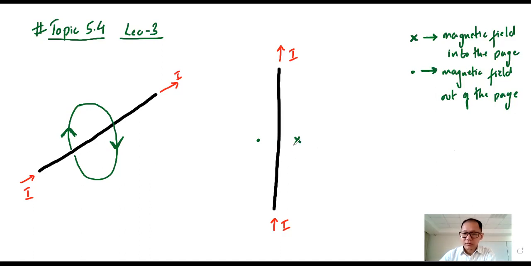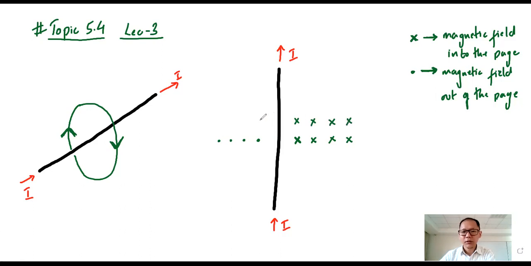And now, because the fields are spread out, it's not only in one particular point. So the fields could be here, could be here, and so on. So that's why I could draw as many dots or crosses as I want. And it's not only in this line here, it could be above.